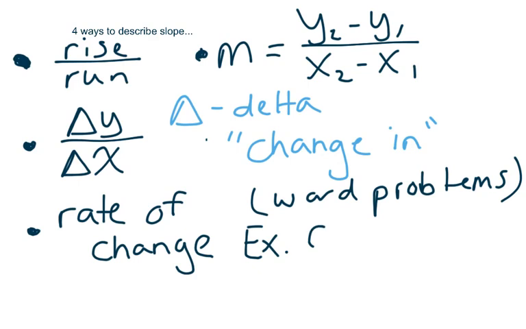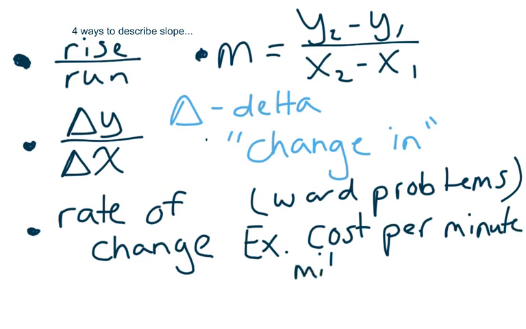It could be something like cost per minute, or something like miles per gallon of gasoline. So if you were to graph or write equations for these relationships and you were asked, well, what is the miles per gallon? You would be asked for the rate of change or the slope.